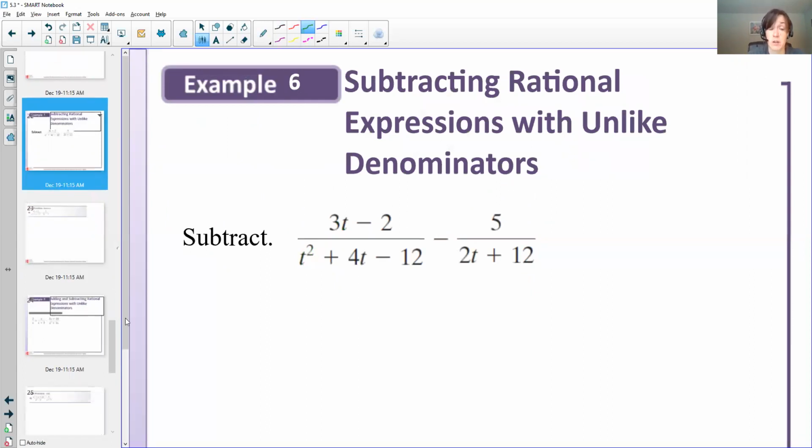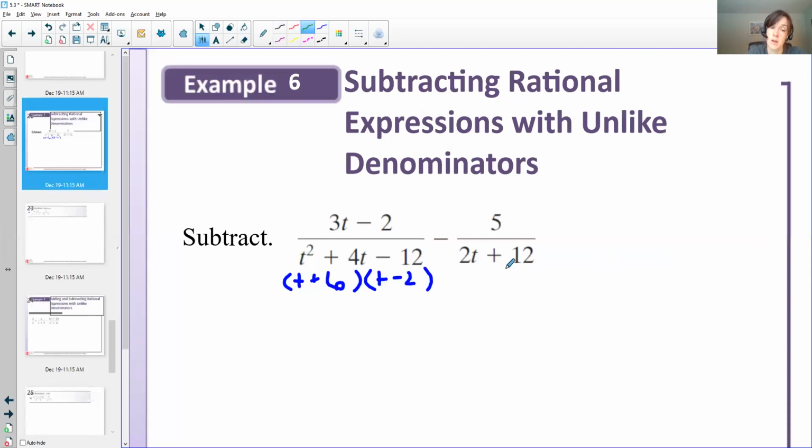So factor anything that needs to be factored. This first numerator, there's nothing to factor there. Nothing common. The denominator is going to be, let's see, multiply to negative 12, add to 4: t plus 6, t minus 2.